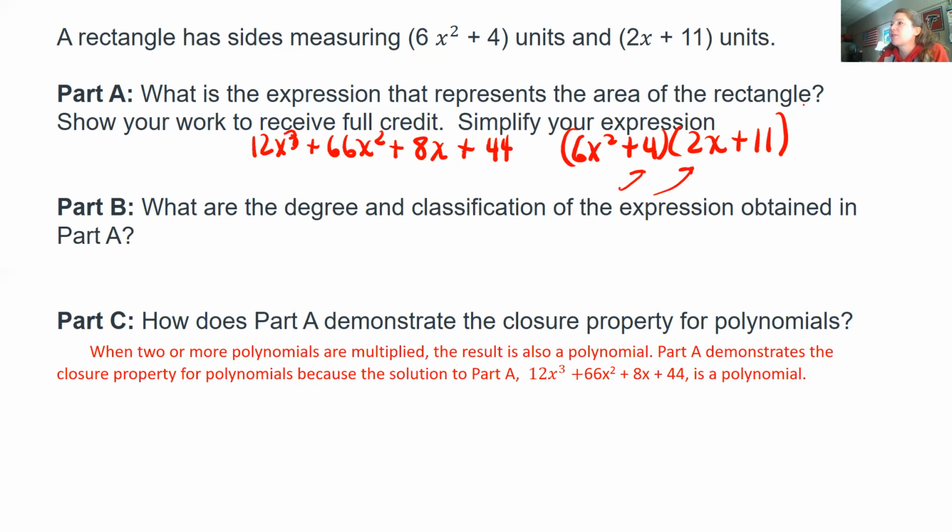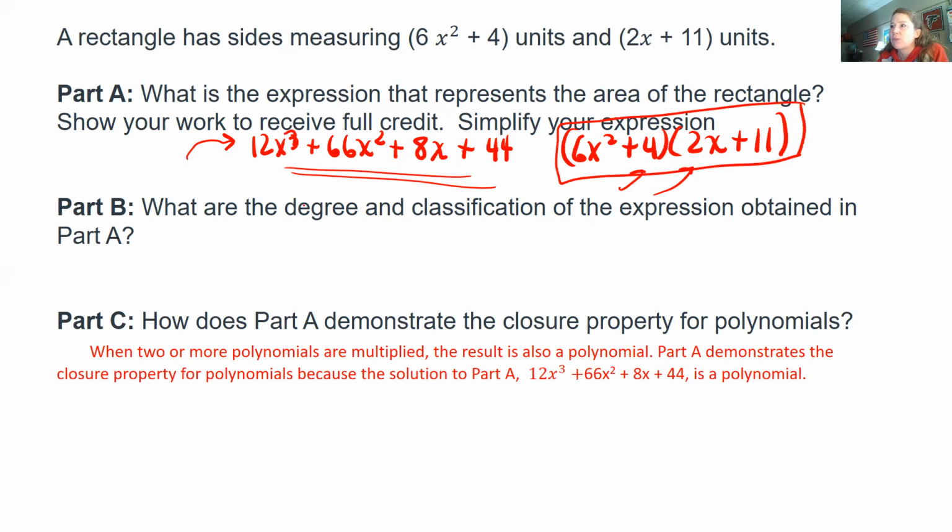This is the expression, right? And when it tells me to simplify my expression, this is what I get. This is my expression simplified. Then finally, part B says, what are the degree and classification of the expression obtained in part A? The expression obtained when we simplified has 4 terms. So what do we call a 4-termed thing?